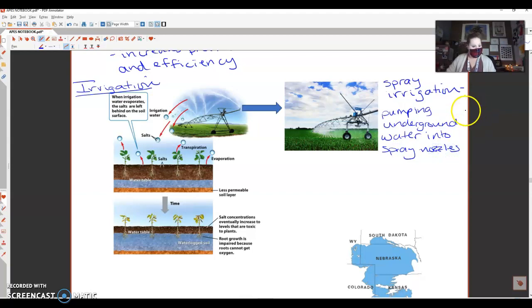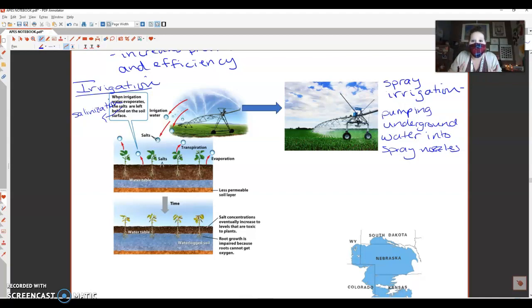Okay, so one of the big issues that we see with irrigation right here, when irrigation water evaporates, the salts are left behind on the soil surface. Okay, salts we're referring to as salinization. So when a farmer uses an irrigation method and some of that water evaporates, it leaves salts and minerals on the surface of the soil.